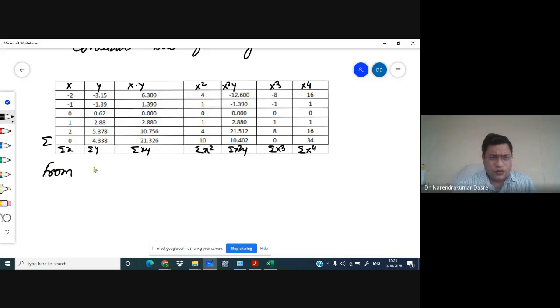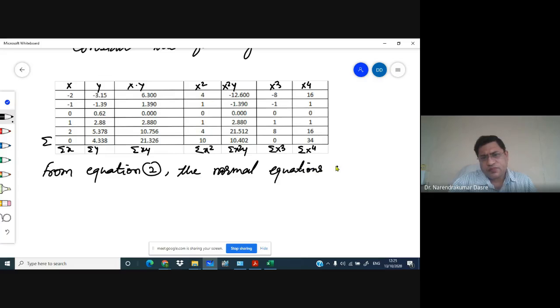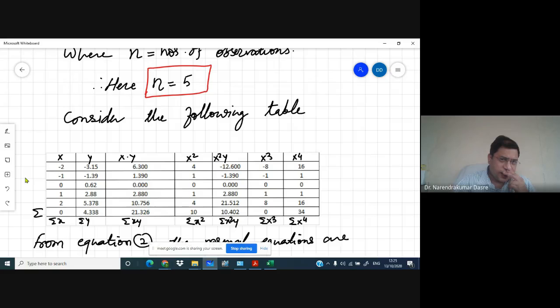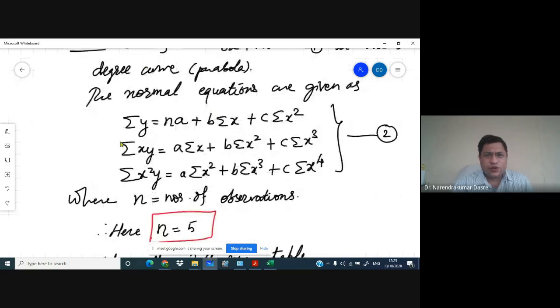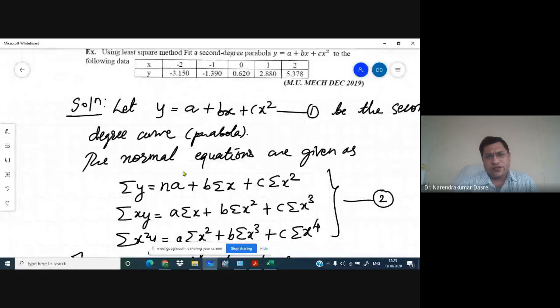Once you have got the calculation, we can write the normal equations from equation 2. Please be careful here, because the normal equations we have to write like this. n is going to be 5 here, the parabola is this, and the normal equations are this.